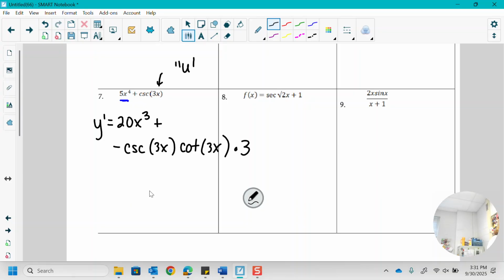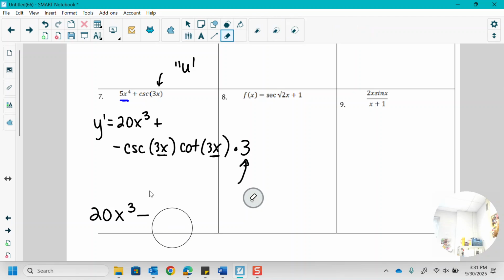So when we write the derivative of the cosecant of u, we have negative cosecant of u, cotangent of u, and then the derivative of u. So yeah, pretty messy answer. 20x cubed minus cosecant 3x.